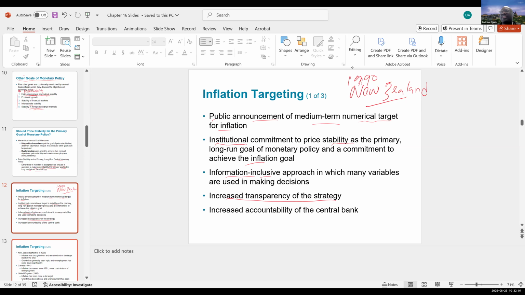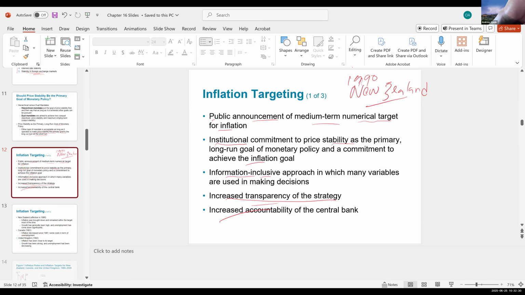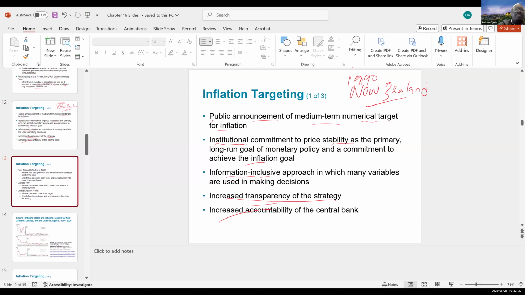So some people have argued here in the United States, because the Fed doesn't implement inflation targeting, they implement policy at their own discretion, that there's less transparency. The Fed is less accountable, because they keep things in the dark until they have made decisions on policy, on interest rates. Okay, so inflation targeting can increase transparency and make the central bank more accountable.